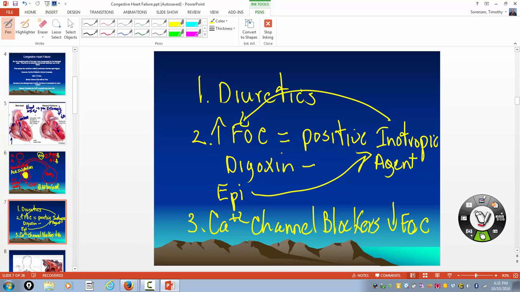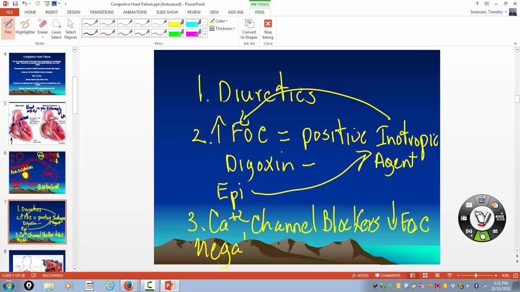So calcium channel blockers, several of them, are what are referred to as negative inotropic agents. So yeah. So diuretics, remember, what's preload?